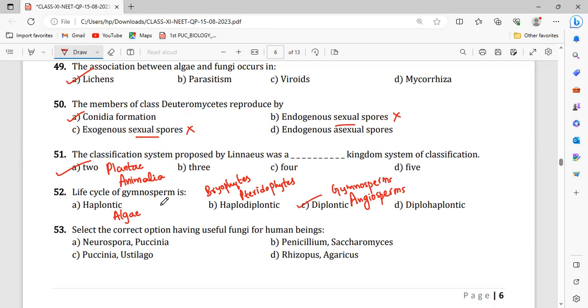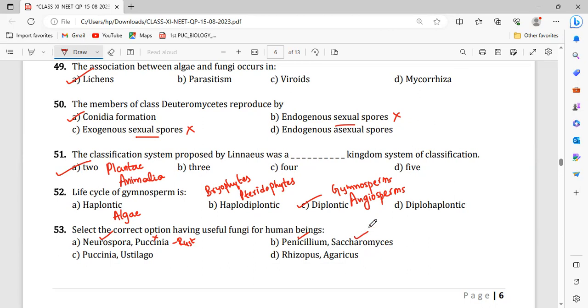Then 53. So select the correct option having useful fungi for human beings. So here Neurospora, yes, it is useful for genetic experiment. Puccinia, it causes rust disease. So it is not useful. Penicillium, yes, it is used as antibiotic. Saccharomyces yeast is also used in fermentation.